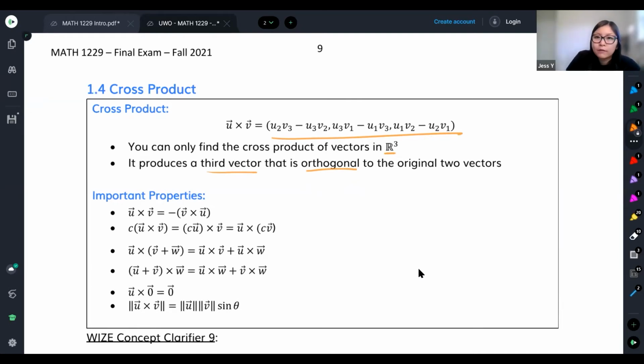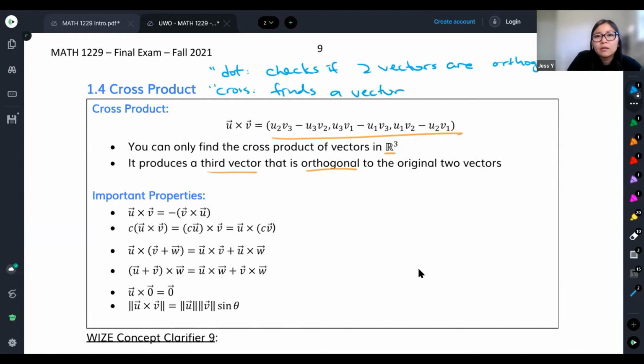Okay, I'm going to write that down for you because I know a lot of students mix it up. They don't know when to use which one. So dot product checks if two vectors are orthogonal, meaning perpendicular, and the cross product finds a vector that is orthogonal to the other two.